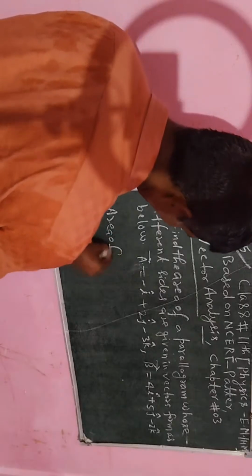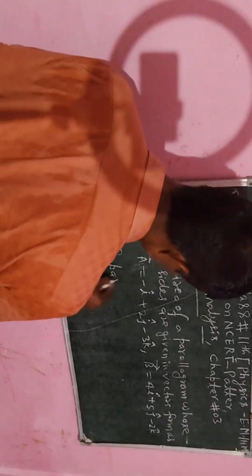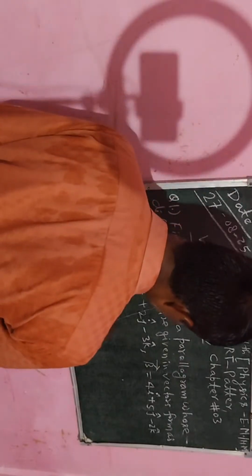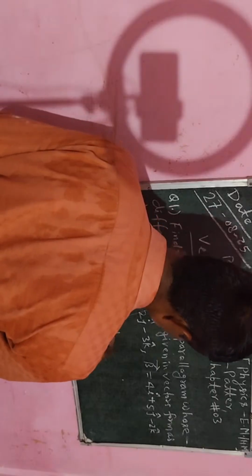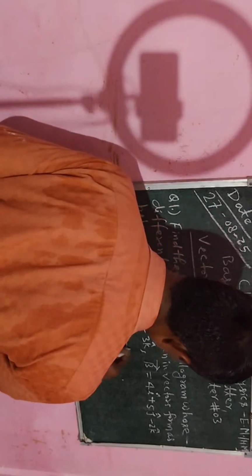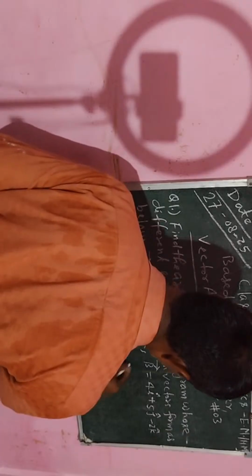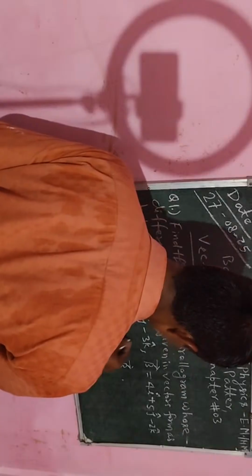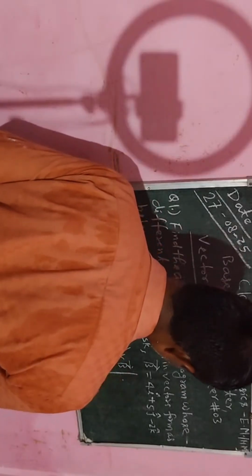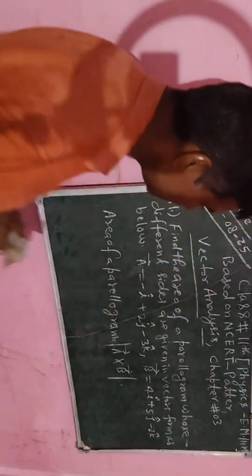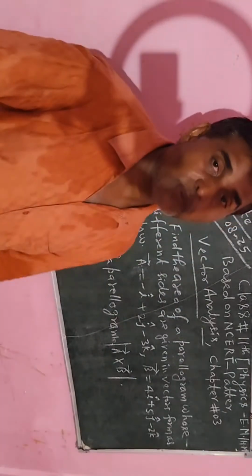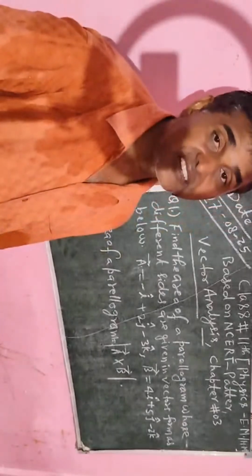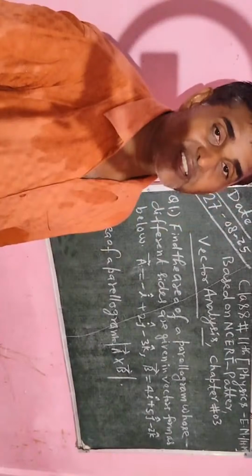We have to find the area of a parallelogram, which is equal to the modulus of vector A cross vector B. First of all, I will take the cross product of vector A and vector B, and after getting its value, I will take its modulus.